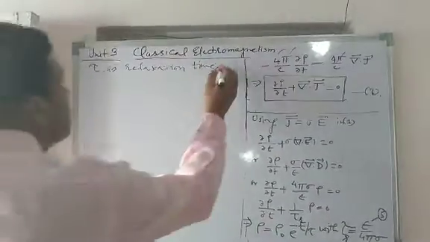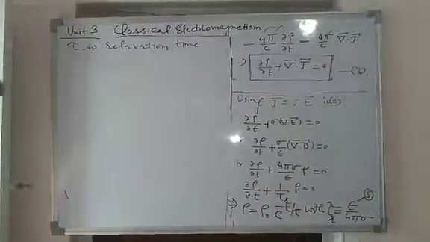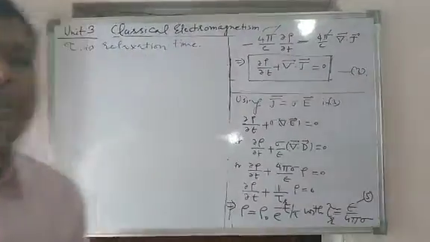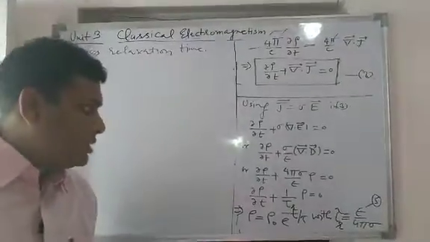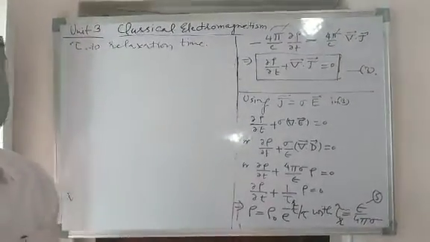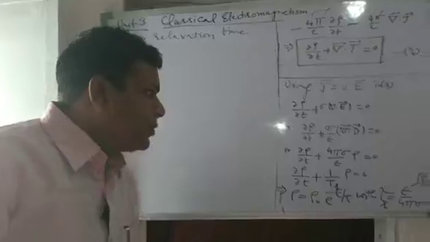This is essentially a measure of how fast a conductor releases the charges.